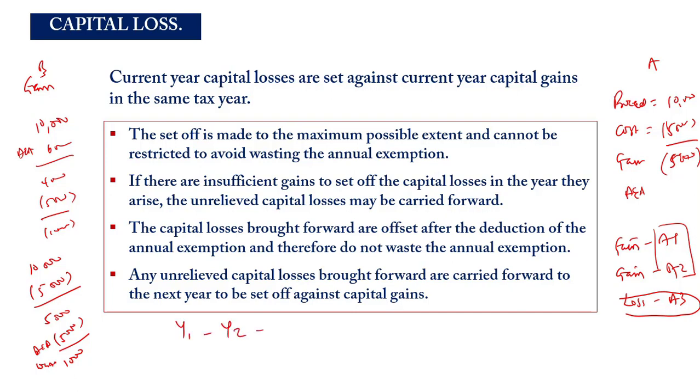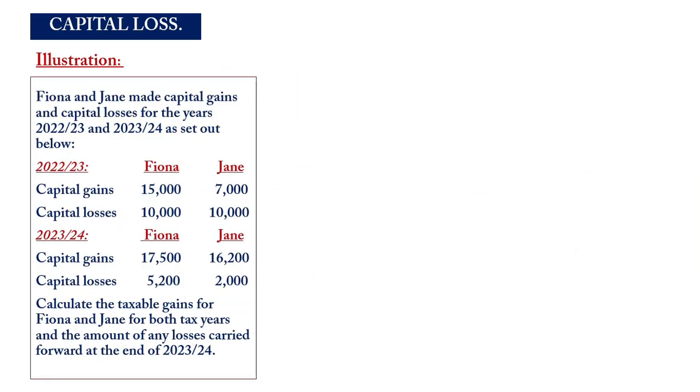If it is not fully relieved, you go to year 3, on and on. So if the loss is being set against the current year, the annual exempt amount takes a back seat. But if it's coming from the previous year, then you can charge the annual exempt before.